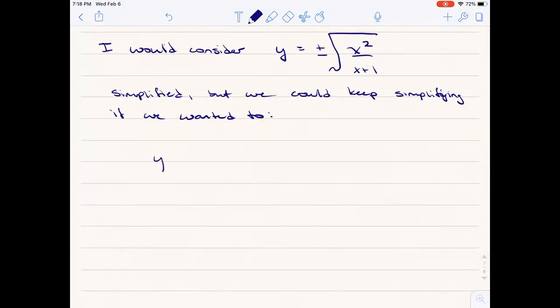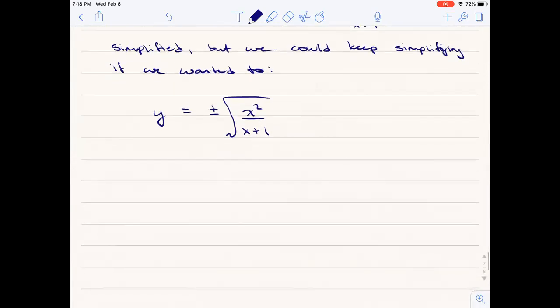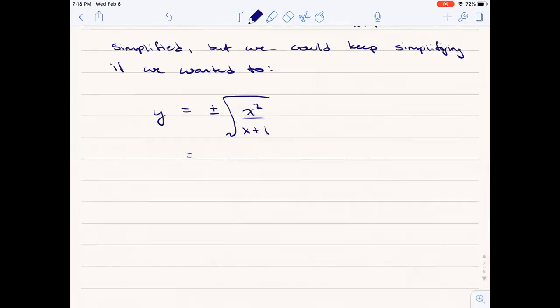So you've got, y is plus minus the square root of x squared over x plus 1. We can rewrite that. We could rewrite the square root as everything to the power of 1 over 2. So we've got plus minus x squared over x plus 1 to the power of 1 over 2 by number 9.